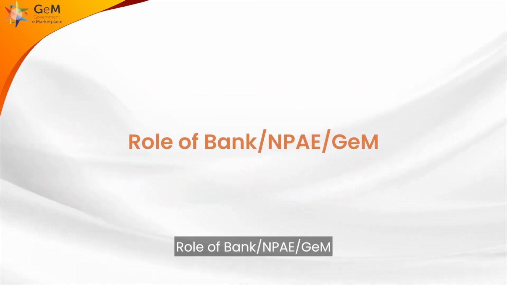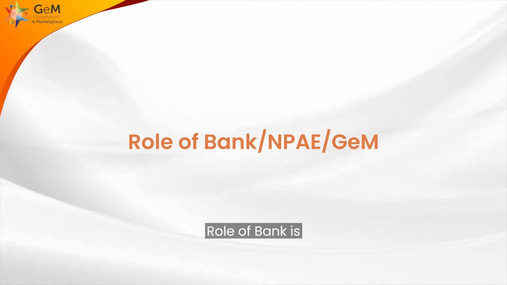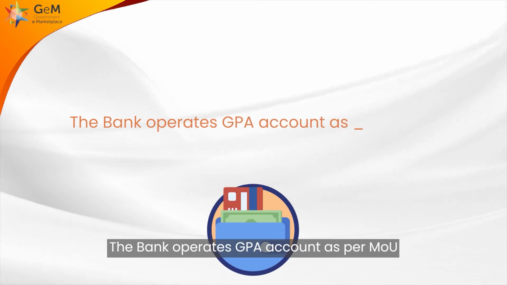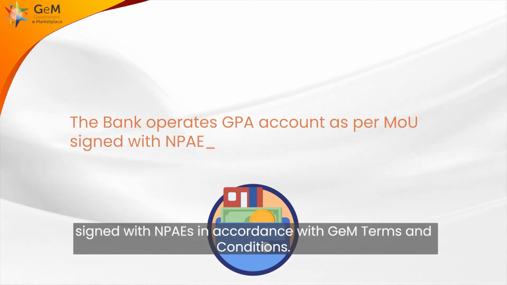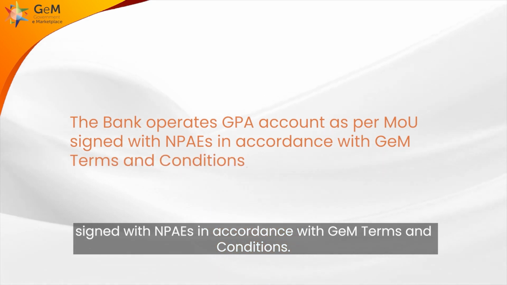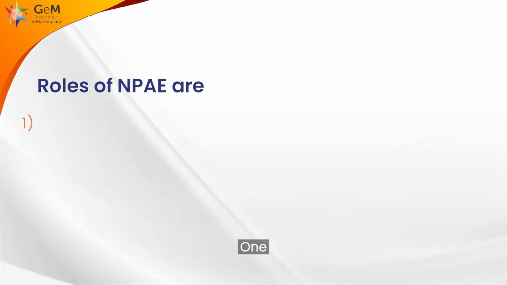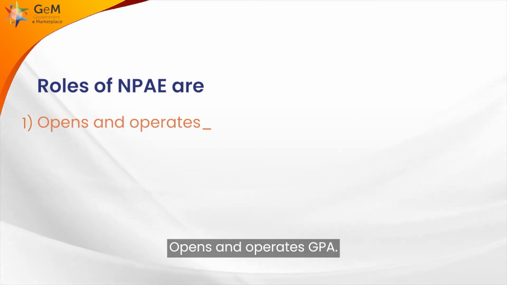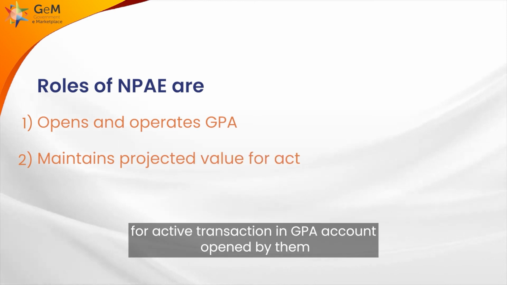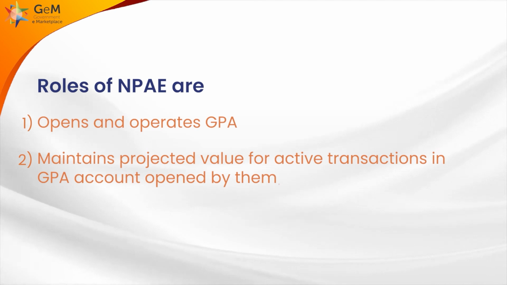Role of bank, NPAE and GEM. Role of bank is: the bank operates the GPA account as per the MOU signed with NPAEs in accordance with GEM terms and conditions. Roles of NPAE are: 1. Opens and operates GPA. 2. Maintains projected value for active transactions in the GPA account opened by them. 3.